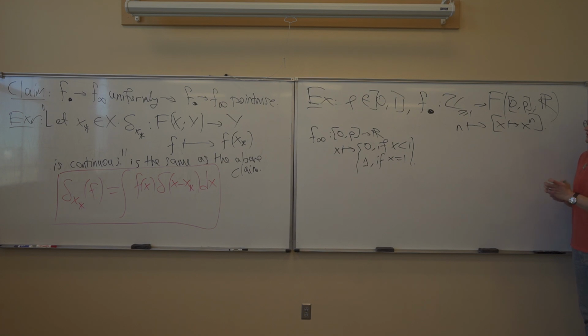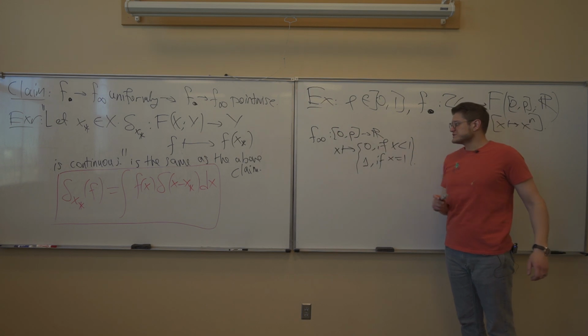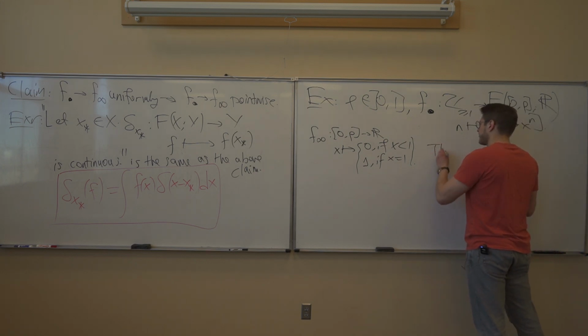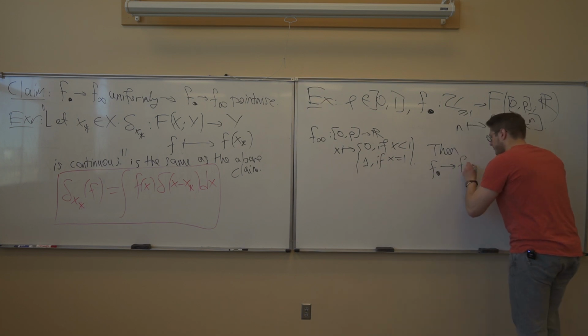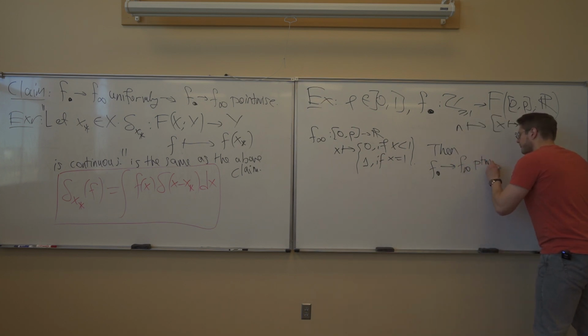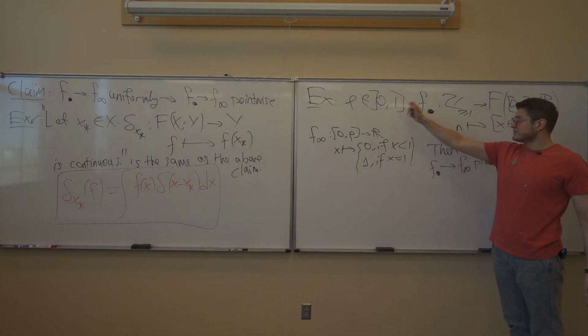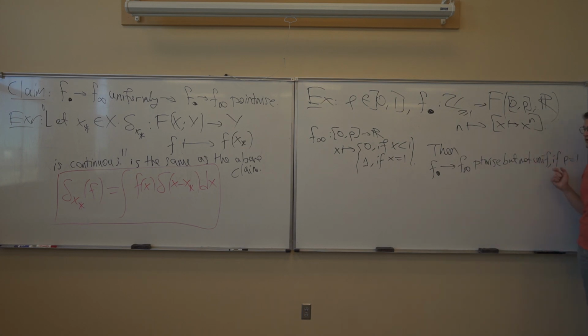The claim is that f bullet converges to f infinity pointwise but not uniformly if rho is 1, and if rho is less than 1, then f bullet converges to f infinity uniformly as well as pointwise.